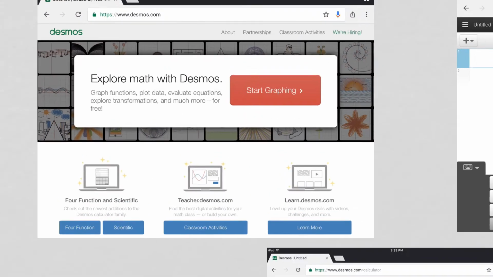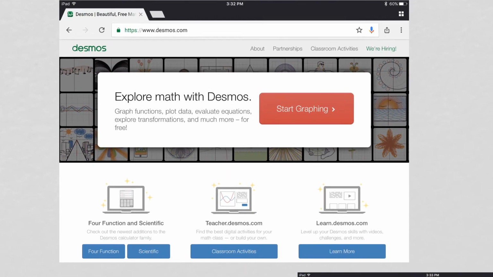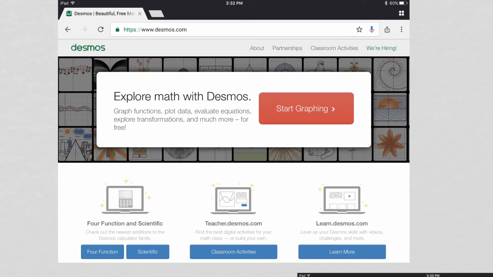So here's the website, which you can go on your computer or phone or tablet or whatever, desmos.com. And they have a lot of cool stuff on there. But basically, you want to just go ahead and start graphing, okay?